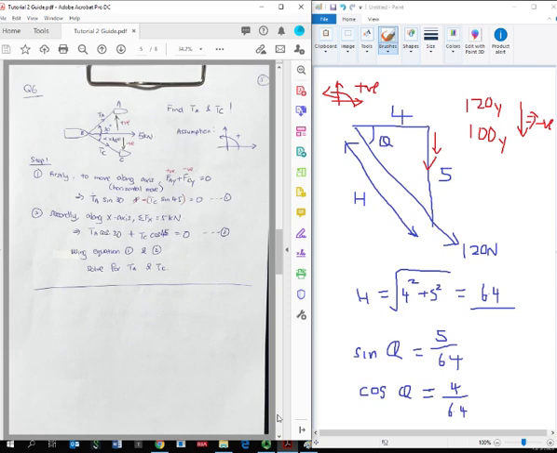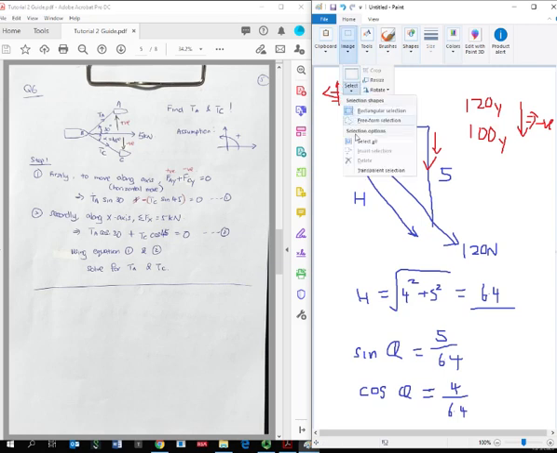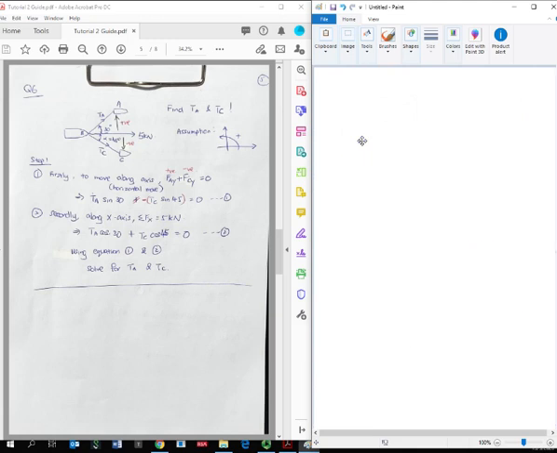Okay, question 6. Question 6 is the same as resolving of forces, except the tricky part is that they tell you the boat is moving horizontally. So in order for this boat to move horizontally, it must have two y forces that cancel each other.